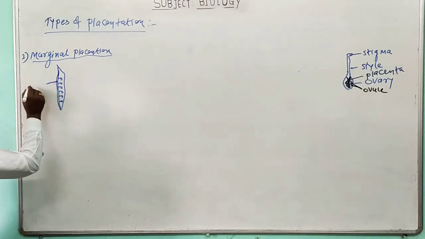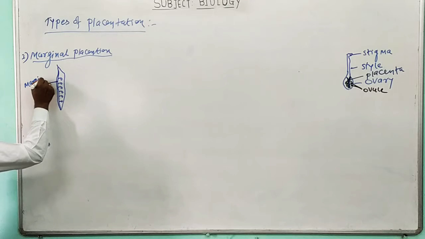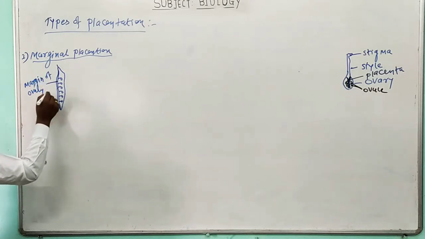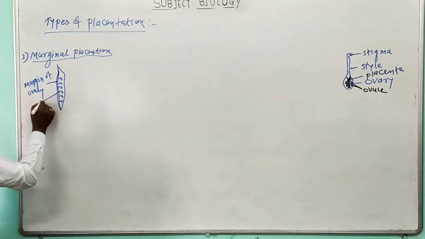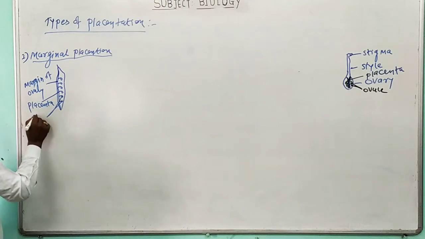Now this one is the margin of the ovary, and this one is the placenta. And here these are the ovules.